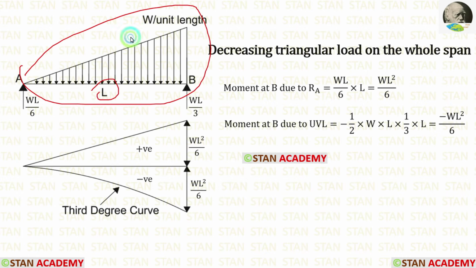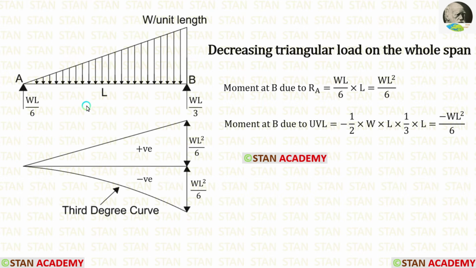The breadth is L, the height is W. So for the area, we are getting minus 1 by 2 into W into L. We are taking moment about the right side, so the centroid is 1 by 3 into L. After the simplification, we are getting minus WL square by 6. This diagram is in the parabolic shape. This parabola is made of a third degree curve.